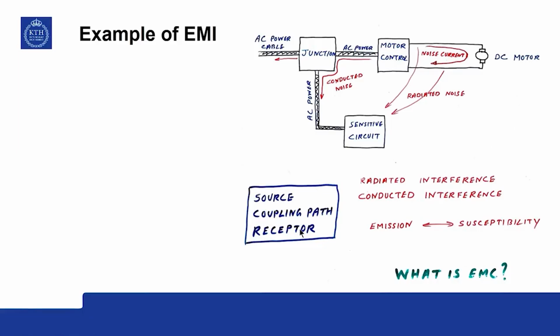So you can have radiated interference, you can have conducted interference, and you can have emission, and you have susceptibility also. Now, from these terms we can come to what we mean by achieving EMC.